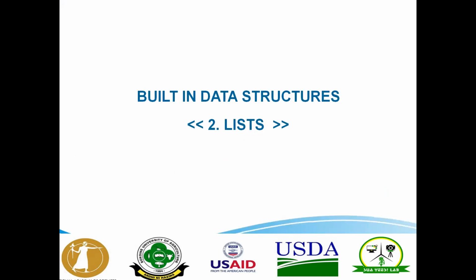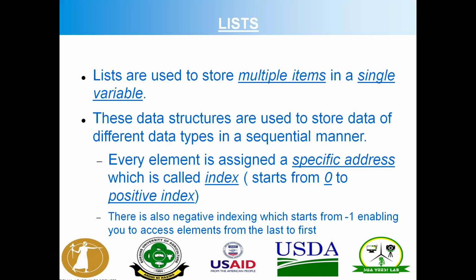Now let's start with the first built-in data structure, which is the list. The list data structure can be used to store multiple items in a single variable. So you have a single variable in which you store multiple items. This data structure is heterogeneous, meaning it can store different data types in a sequential manner.